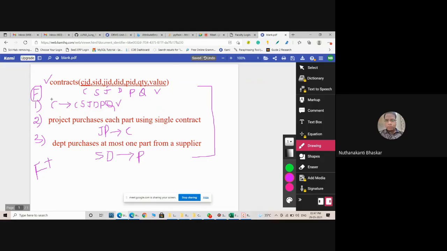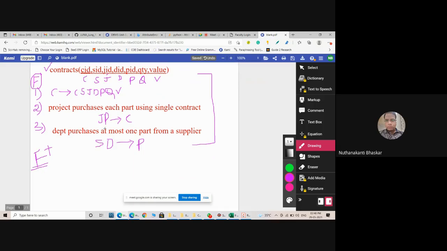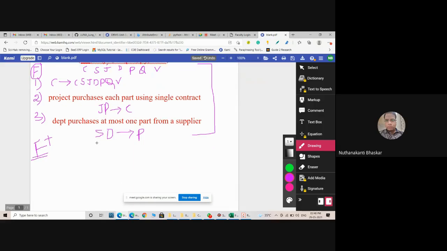After that, we are going to extract the closure set of functional dependencies of these existing functional dependencies. Are you clear? All of you clear? Yes, sir.